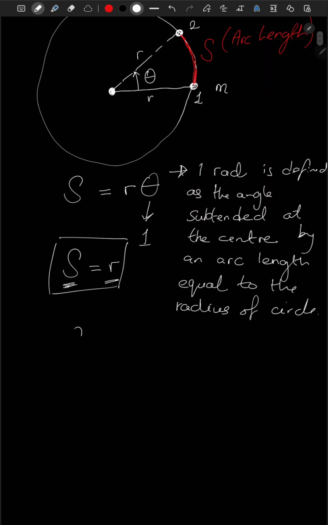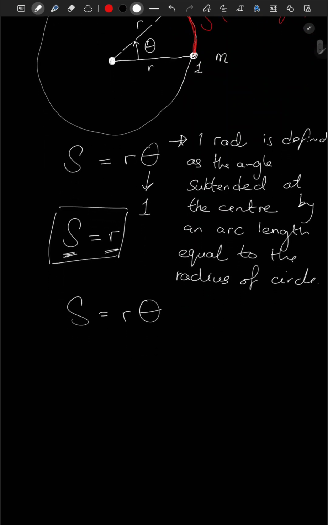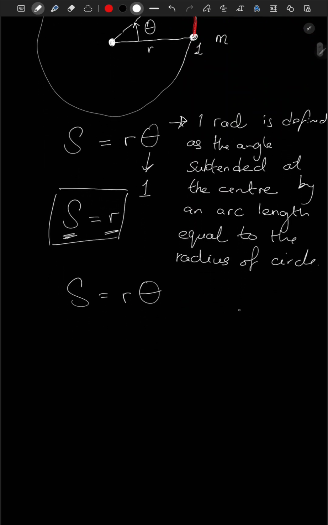So now you know that S equal to r times angular displacement. So let's assume that the particle has covered a whole circle and returns to the same point as it were before. If it has covered the whole circle, it is the circumference of the circle, which would be the distance covered, which is S. So this is 2 pi r.